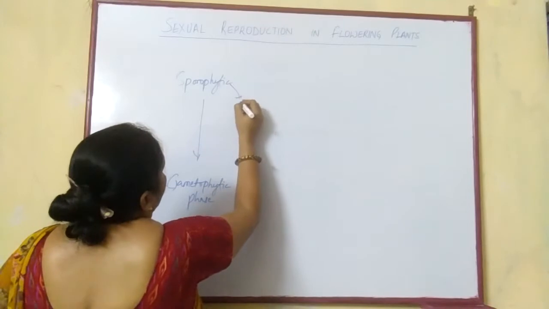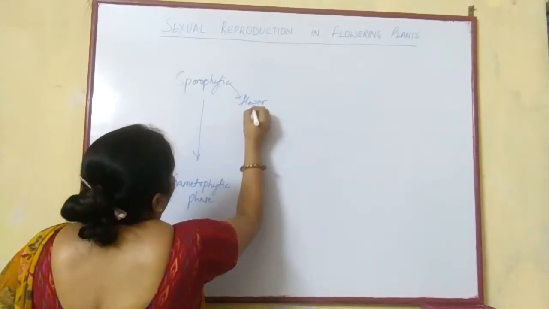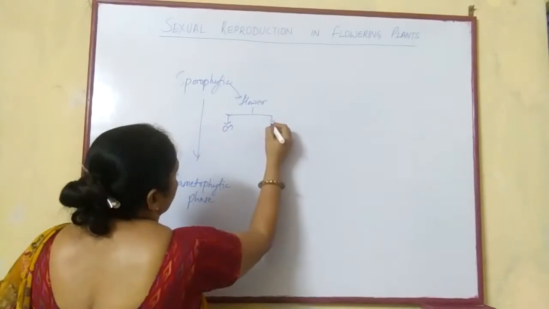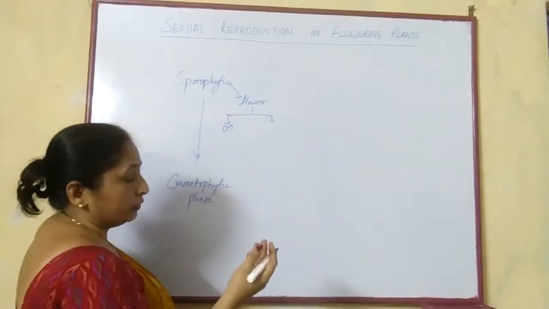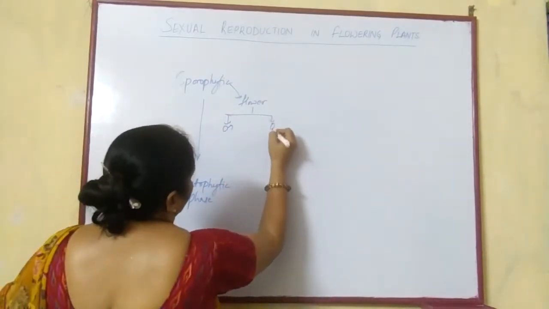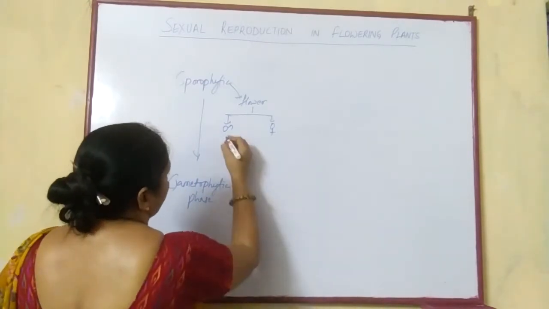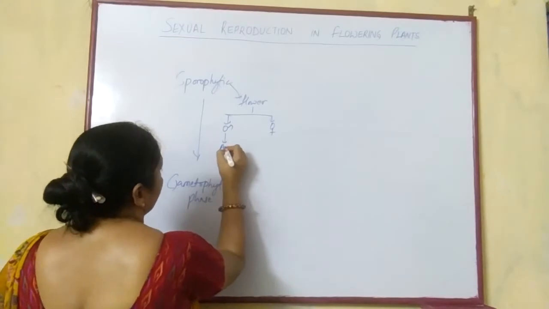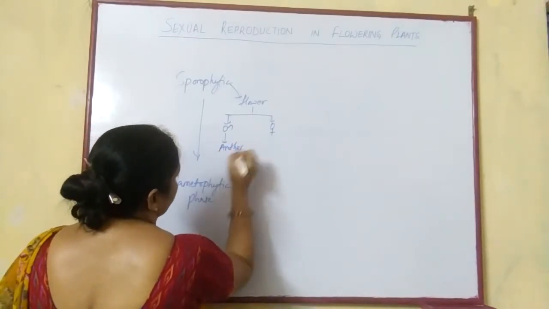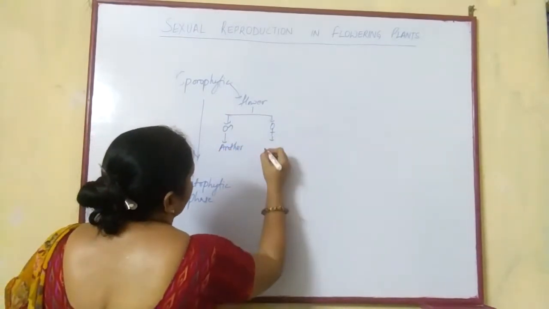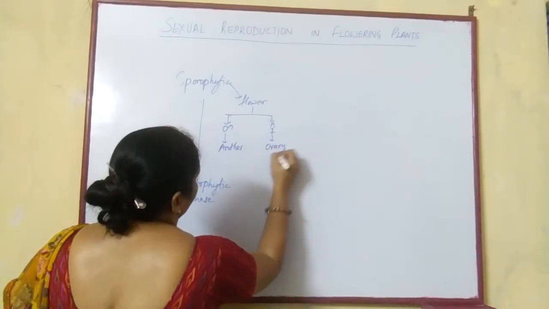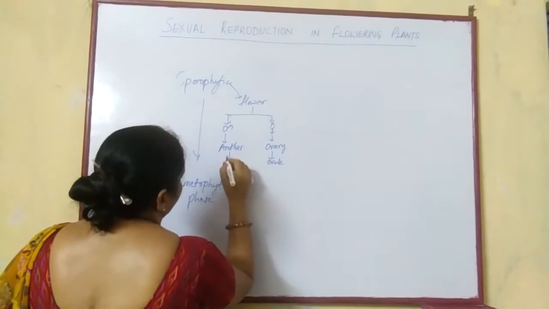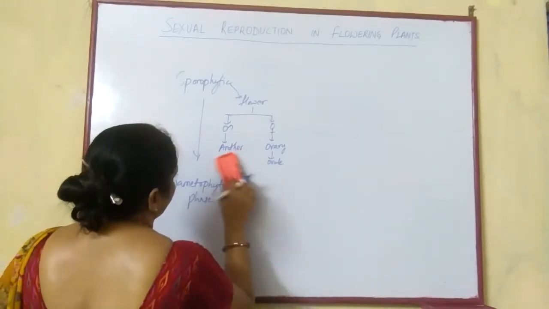In the sporophytic phase, a flower contains the male part, the stamen, while the female part is the carpel. The male part produces pollen grains, which are present in the anther, while in the ovary, ovules are present.